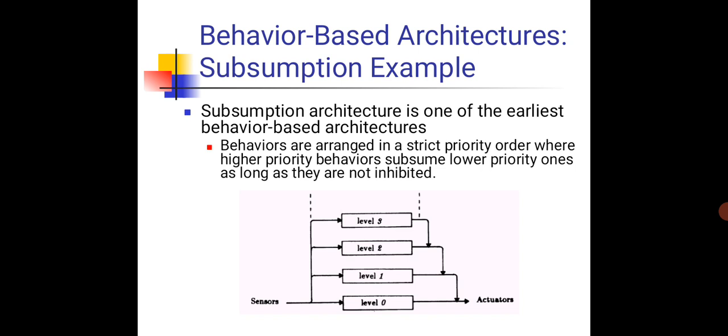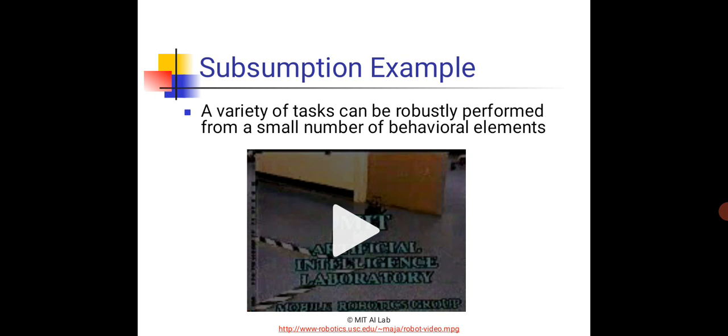At one end you have the sensors to sense all these things, and again this is actuated by the actuators. And this is a subsumption example, taken from MIT. The source is there, so if you want, you can play this video and check it.